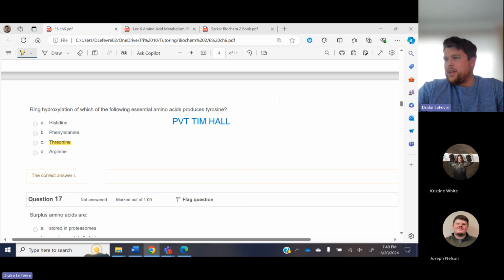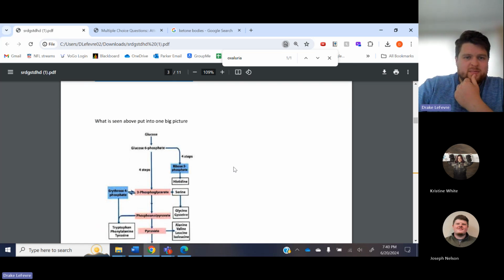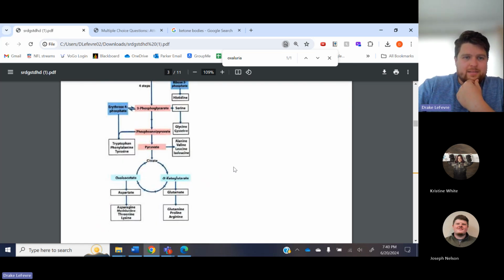I know it's in one of these charts. It's just finding it. Comes through, there's tyrosine there.